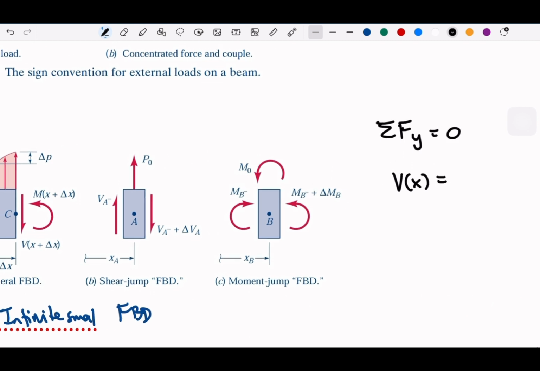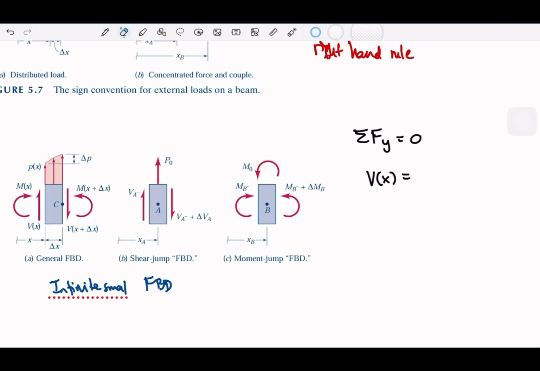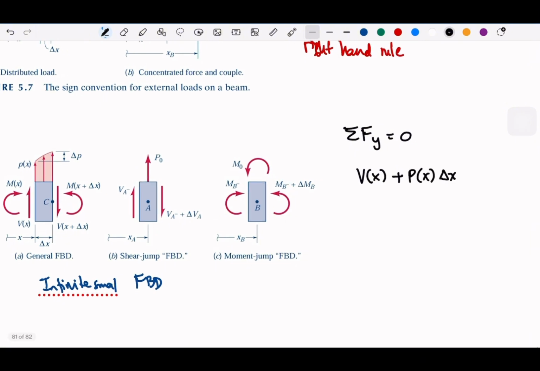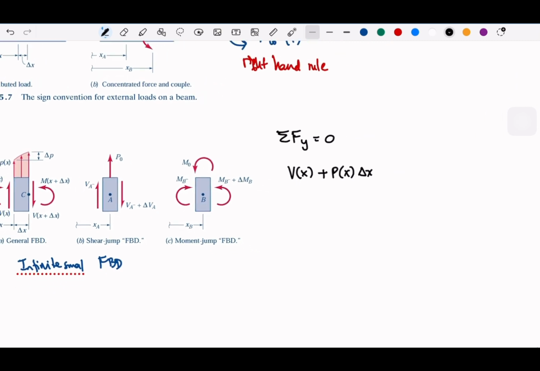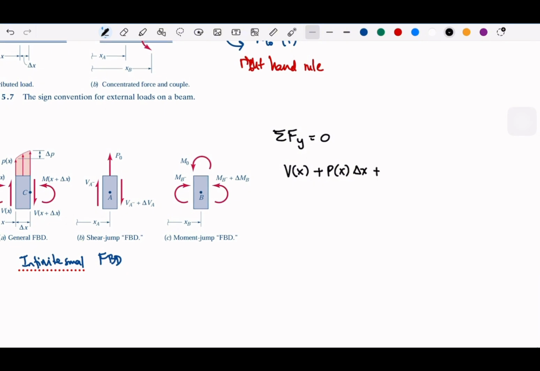So we have plus P of x delta x, and let me introduce not 0, but this is O. I will tell you why and what that is. And then minus V.